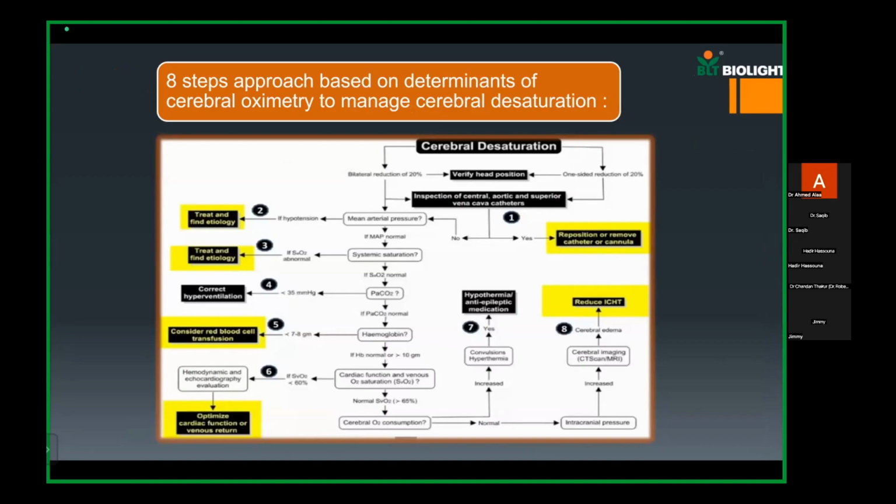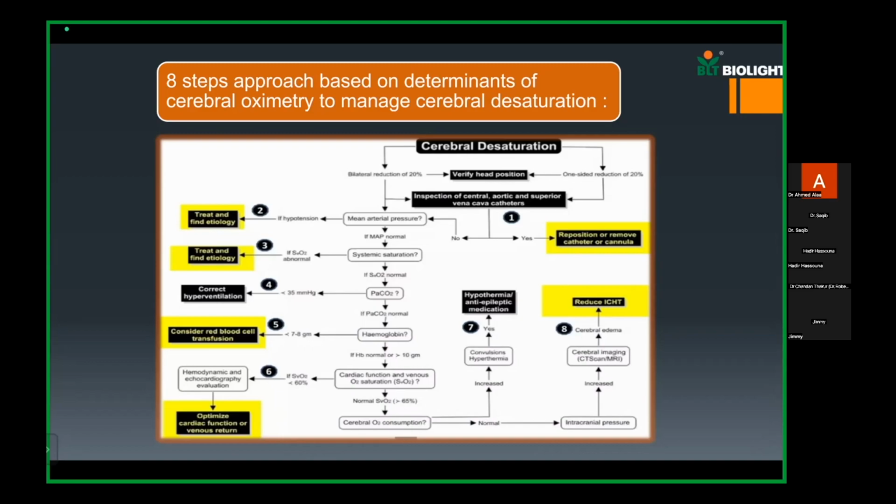Number one, specify cerebral oxygen desaturation; we verify the head position, which is one of the limitations of using it. So we can redirect the detectors, and if the desaturation session is ended, reposition and everything will be okay.